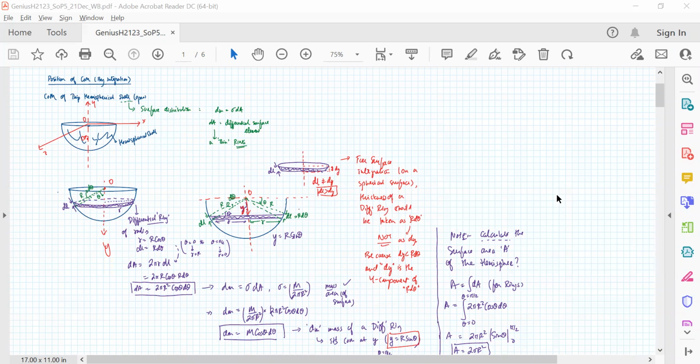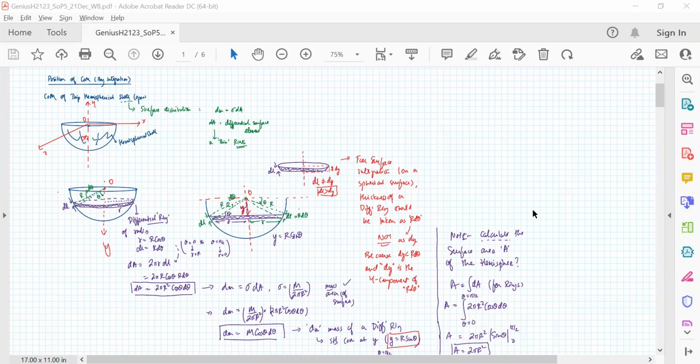In the diagram below, you can see I have taken the direction of the y-axis downwards so that I get the coordinate of the center of mass as some positive YCM. In the second diagram below, I've replaced the direction of the y-axis, instead of upwards, as downwards, because the origin is at the midpoint of the open surface. So the center of mass is somewhere below it on the y-axis.